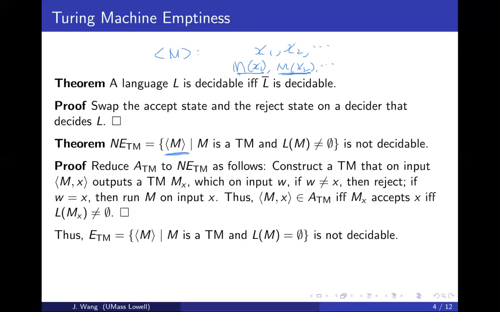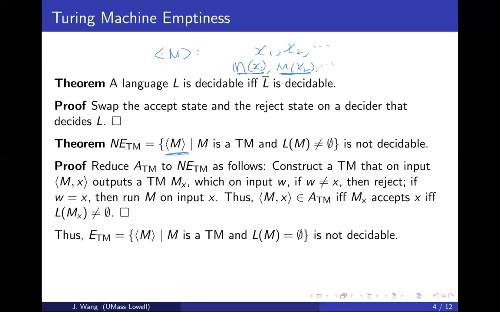But if M doesn't accept any input, it will just keep running, so you will not know. In other words, it may not halt. So that's why it's not decidable.